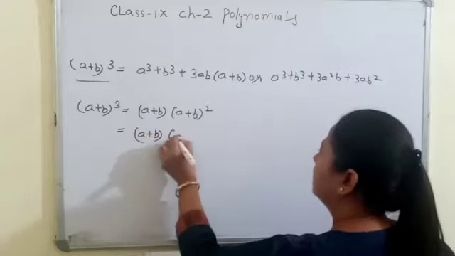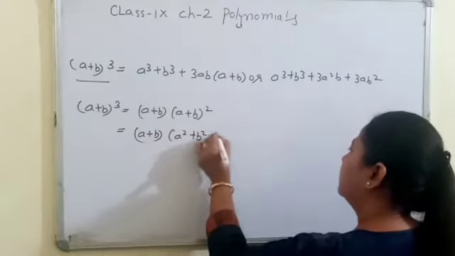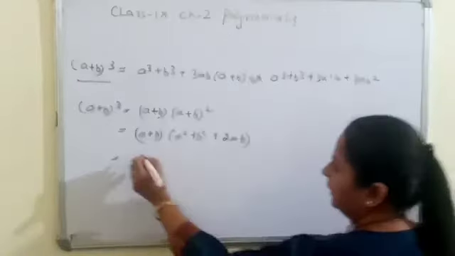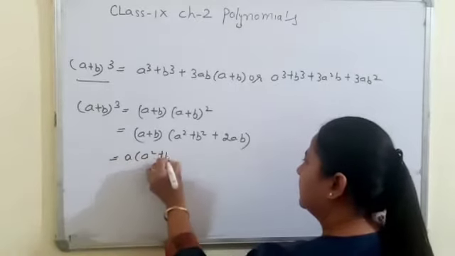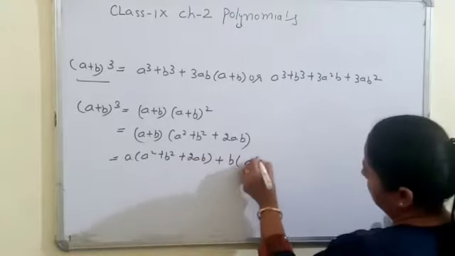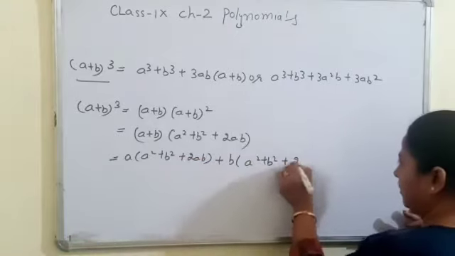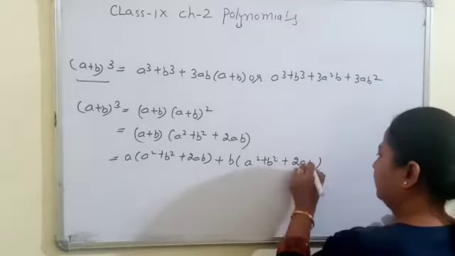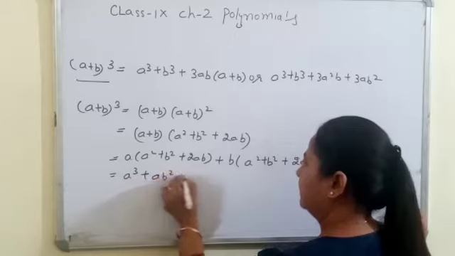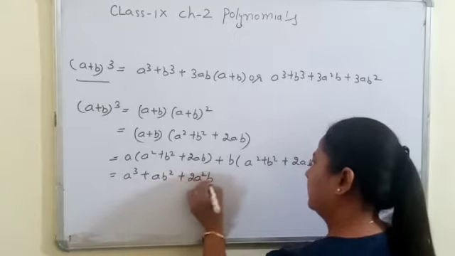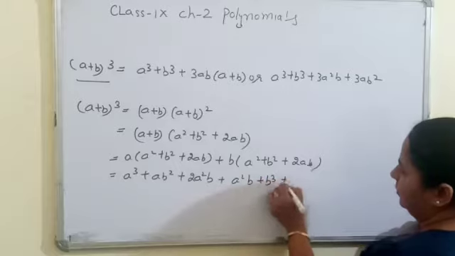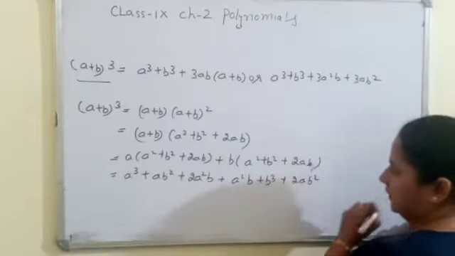(a plus b) into (a square plus b square plus 2ab). Now multiply: firstly by a, a cube plus ab square plus 2a square b, plus b, a square b plus b cube plus 2ab square.